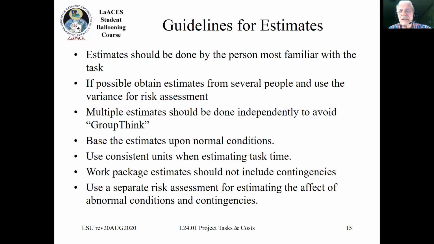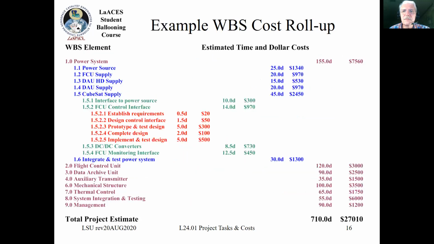Do not include contingencies in your work package estimates. They should be normal time, exactly what you estimate it should be. Okay. Contingencies come out later when you're doing risk assessment. That's when you start worrying about the effect of abnormal conditions and contingencies, not when you're doing your initial estimate.